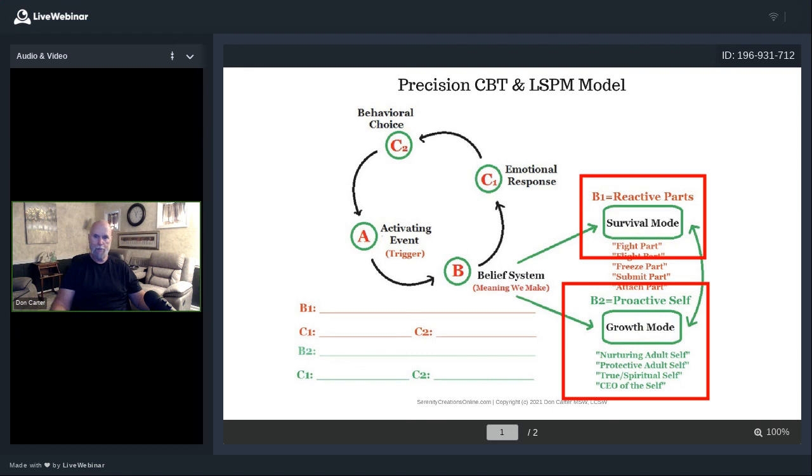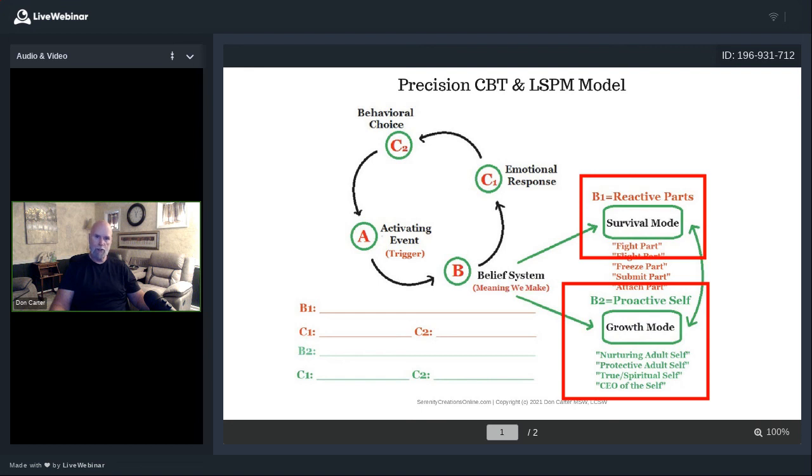And instead of Bill yelled at me because I'm not good enough, it's Bill yelled at me because he's having a bad day. And so I can take the B1, which is the belief system, and the C1 of consequence 1 and C2 consequence 2. If I don't like that in that red space there, then I find a healthy alternative, and I find a new meaning that might be more accurate.